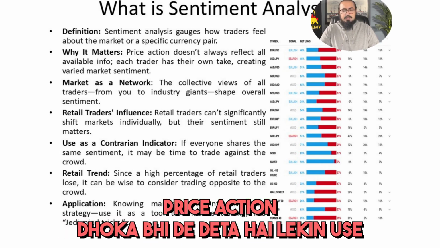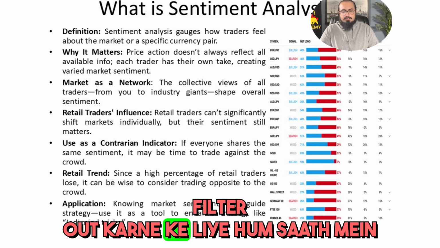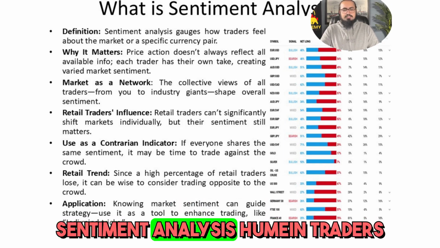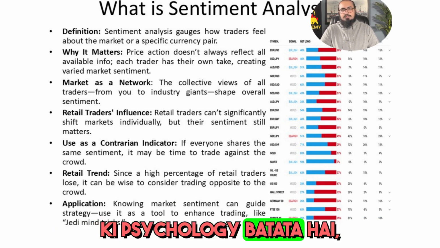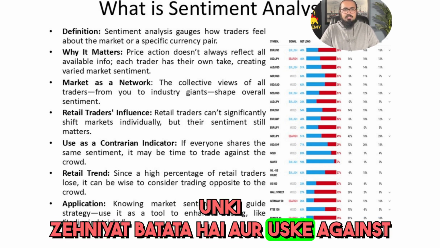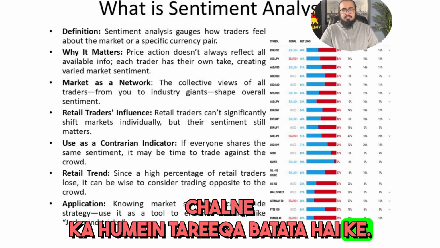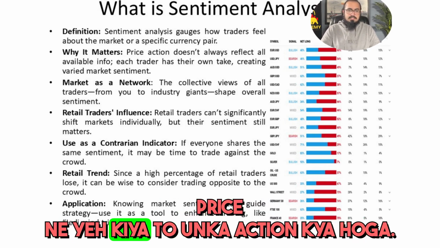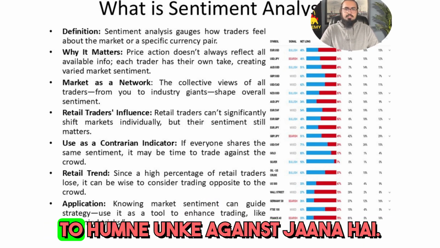Price action does not always tell the whole story. Price action can also be misleading, but to filter it out, we use sentiment analysis along with it. Sentiment analysis tells us about traders' psychology, their mindset, and shows us how to go against it, what they are thinking, and most probably what their action will be if the price does this. So we have to go against them.